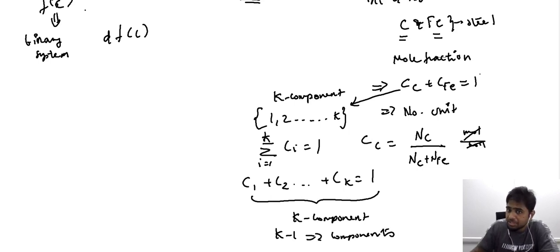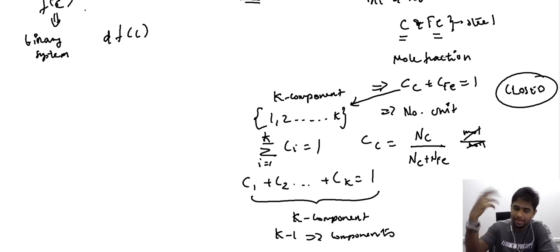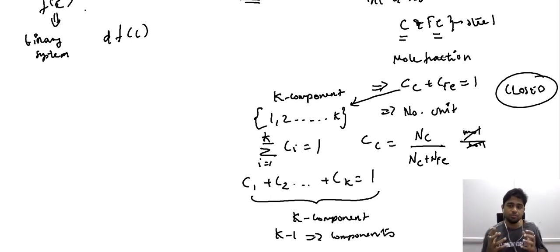So expressing the concentration in mole fraction, again in the context of a closed system, when we are handling either a binary, ternary, or whatever may be the number of components, owing to the closed nature of the system, it is possible for us to reduce the number of independent variables by 1. So if you have a system that has k components, we can reduce it to k minus 1 independent variables.